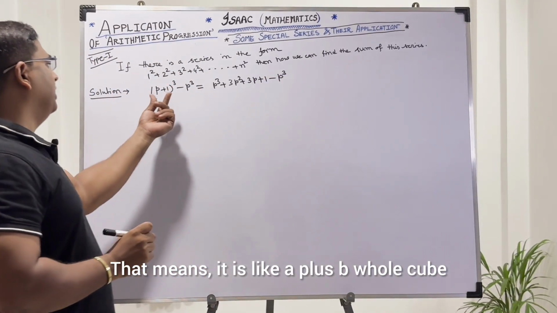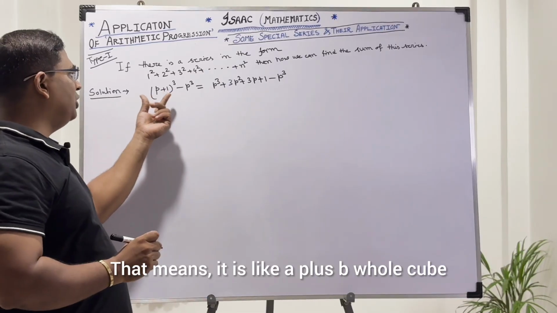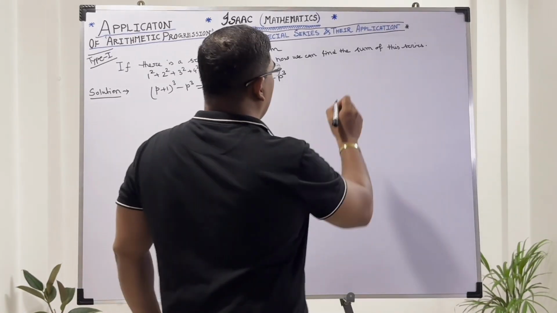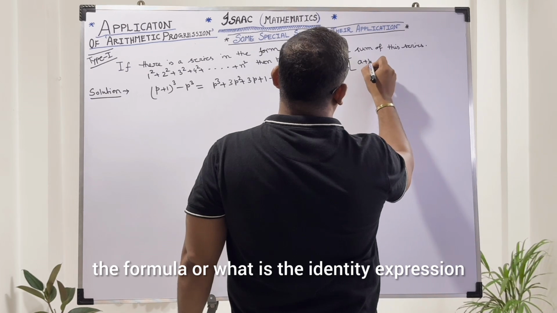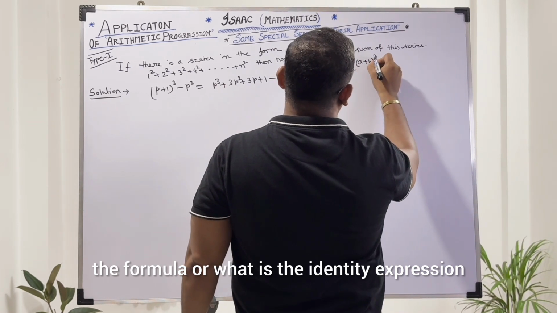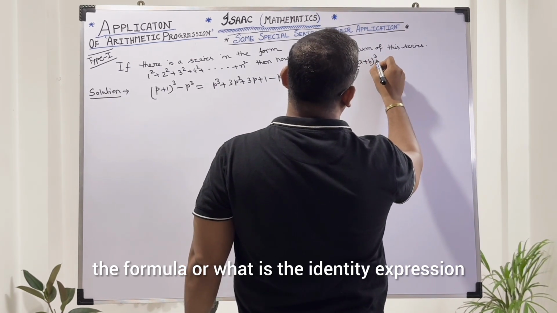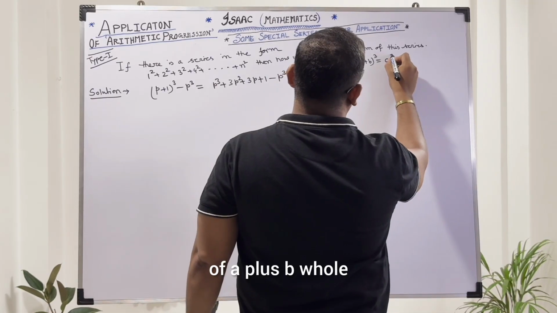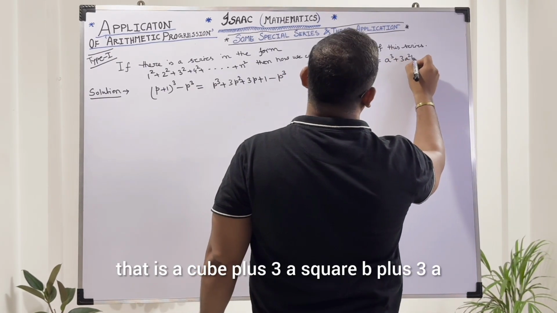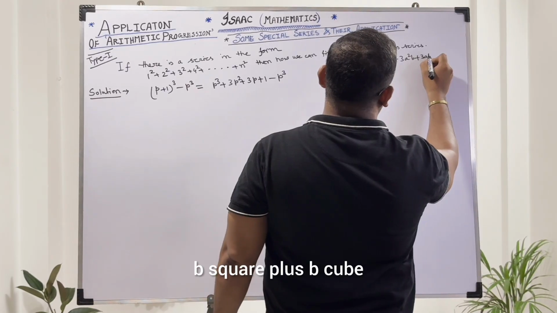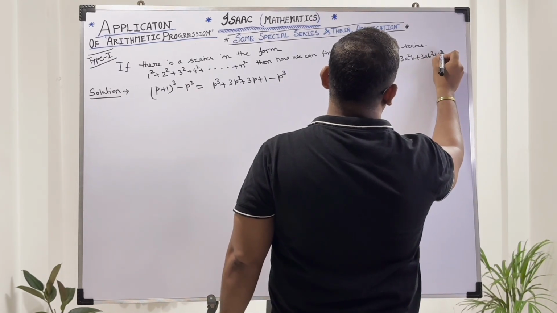That means it is like A plus B whole cube. Already we know the identity of A plus B whole cube. That is A cube plus 3A square B plus 3AB square plus B cube.